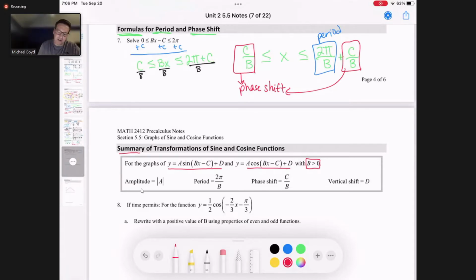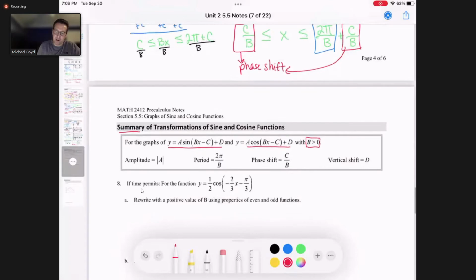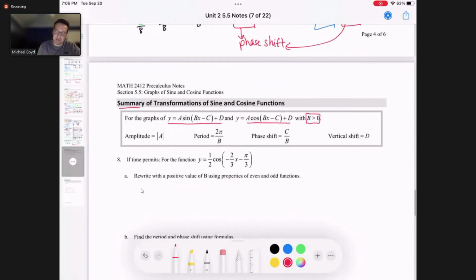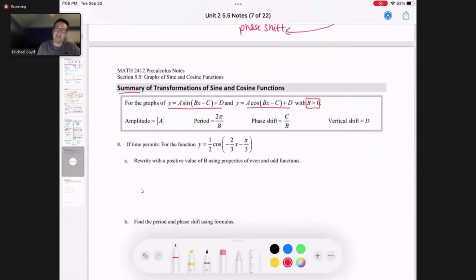It looks like right there on number 8, there's an example where you have to apply the even property. Yeah, exactly. And it is a little tricky the way that you have to do it. We'll see that when I do the example, because it's not because of the minus C, like because of this part, you can't just say, oh, pull the negative out or keep it the same. You have to kind of manipulate it, and we'll take a look.